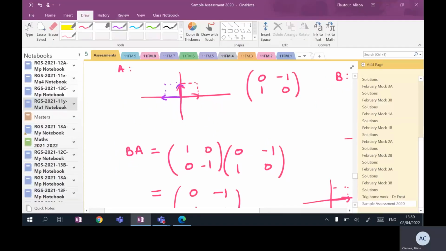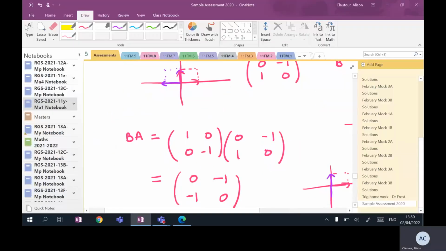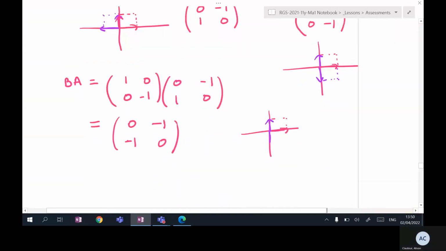Okay, so if we just draw what it would look like. My pink vector has gone to 0, -1. Pink vector, sorry, wrong colour. So my pink vector has gone to there.